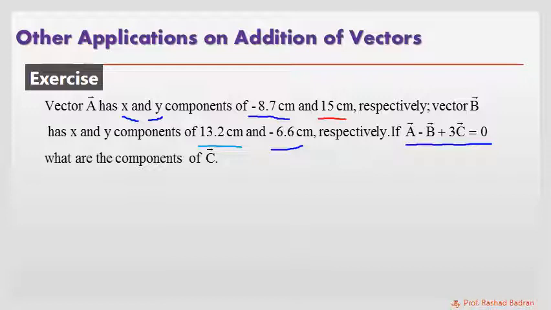Substitute the components into the vector equation, and you'll get an answer for c right away, where the x component is going to be 7.3 centimeters and the y component is minus 7.2 centimeters.